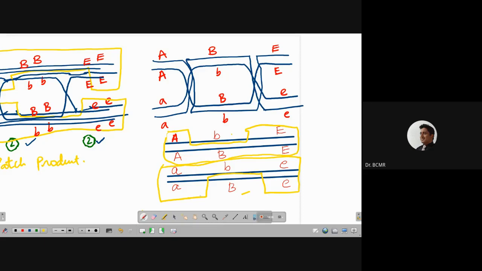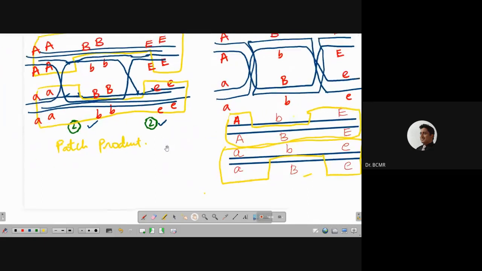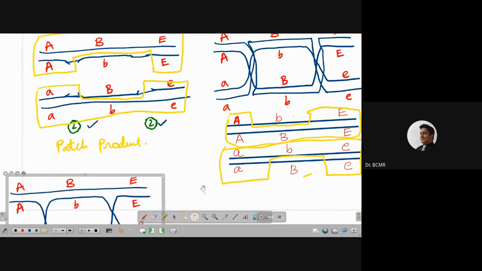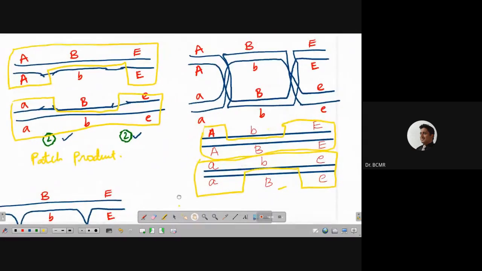So we can do the same thing. What you should have noticed is that if we resolve these DNA molecules, here we did site 2 and site 2.